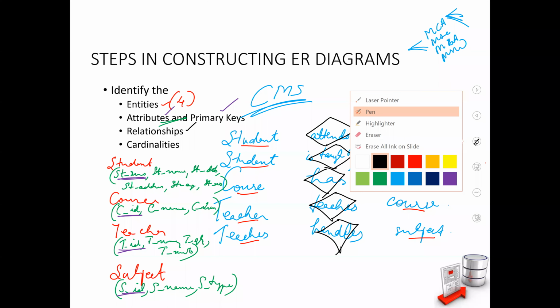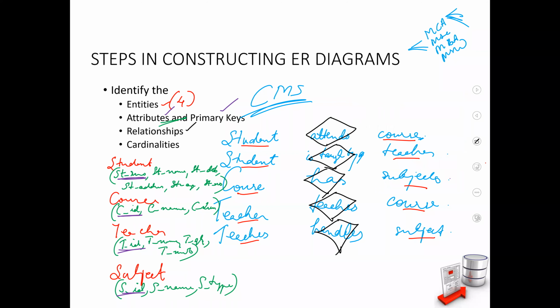Now, the next thing is I have to identify cardinalities. Identifying cardinalities again is a bit of sense and imagination. Now, look here very carefully. I am going into my first one. I do have 1, 2, 3, 4, 5 sets of relationships.